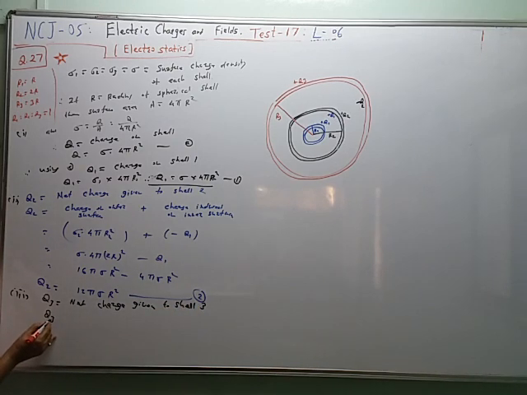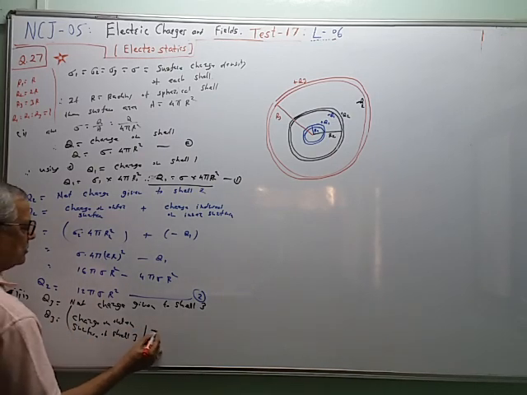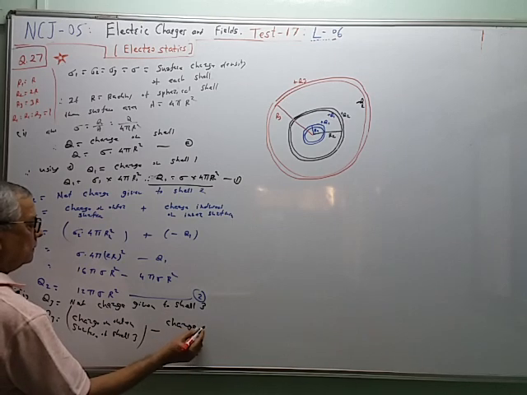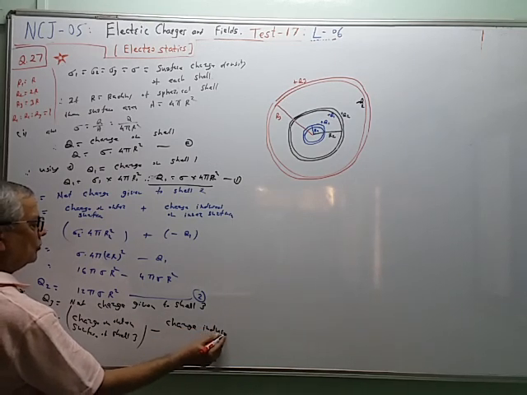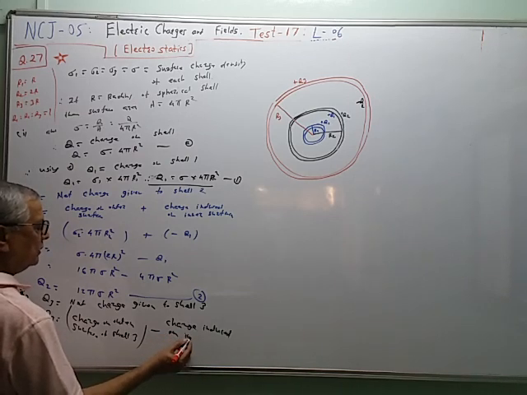Therefore, Q3 is equal to the charge on the outer surface of shell 3 minus the charge induced on the inner surface.